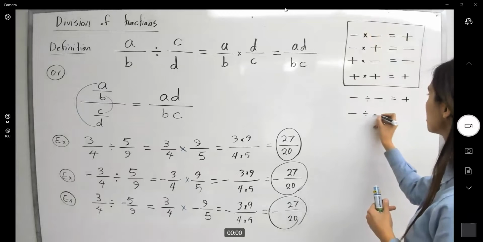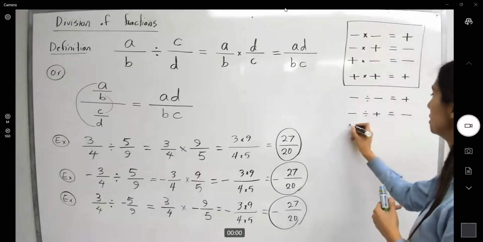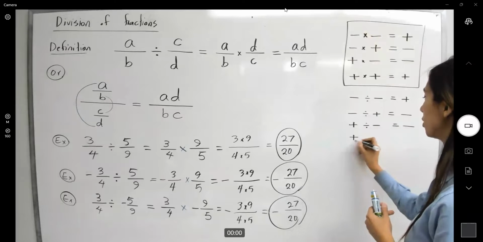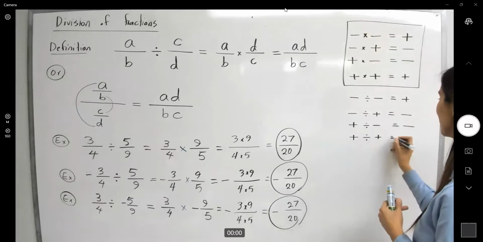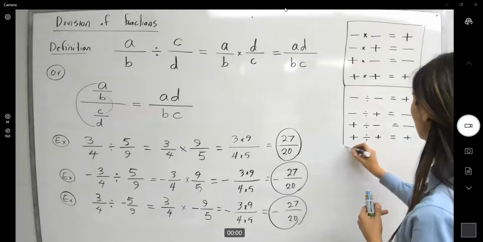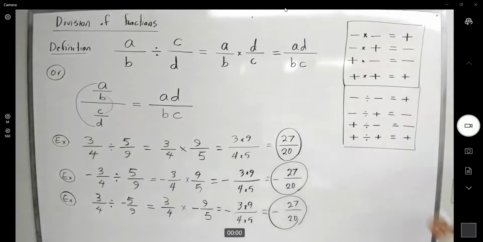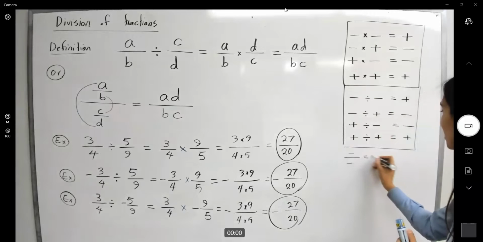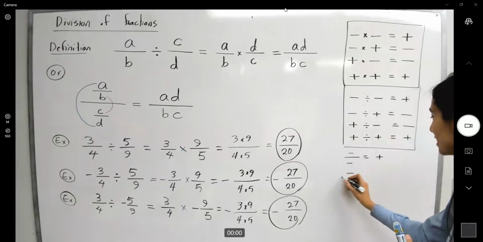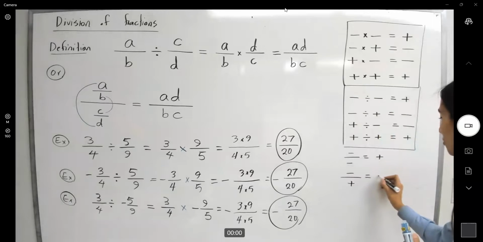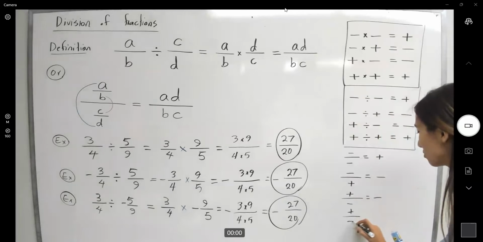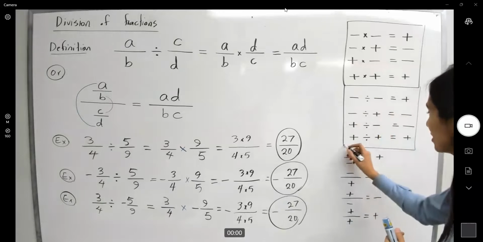Negative divided by positive is negative. Positive divided by negative is negative, and finally positive divided by positive is always positive. You can represent this division as negative divided by negative, which is positive, negative divided by positive, which is negative, positive divided by negative, which is negative, and positive divided by positive, which is positive.